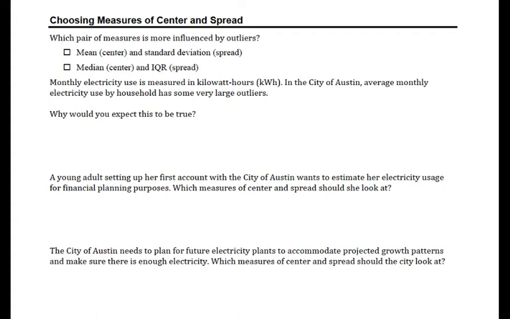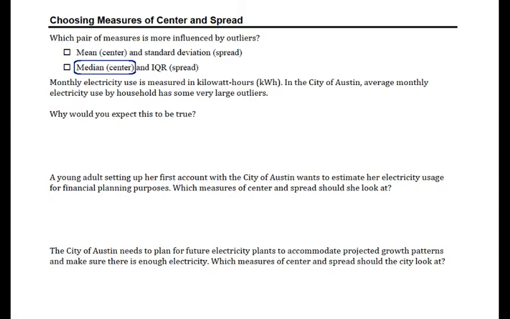In choosing a measure of center and spread, it's important to think about whether or not we want this measure to be affected by outliers. If we recall, when we first started talking about measures of center, we had median and mean, and we saw that the median is resistant to outliers, meaning that if you take an outlier out of a data set, it might have some very small effect on the median, but it will have a much larger effect in general on the mean, because the formula for the mean takes into account every single data value, whereas the median just makes sure that half of them are less and half of them are more.